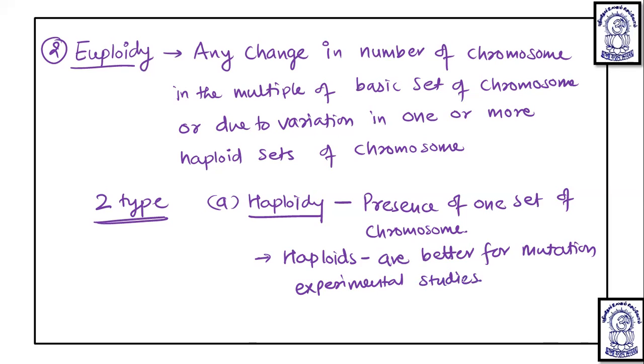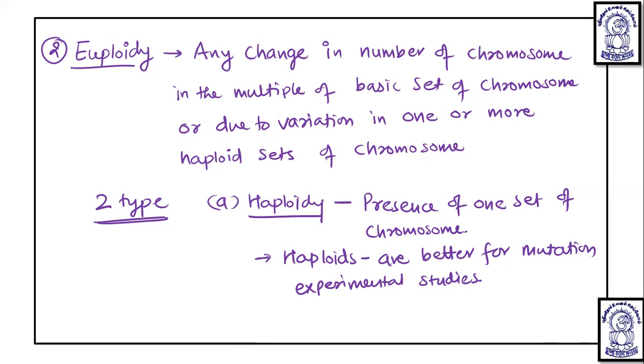Because all mutations which occur in the haploid, either dominant or recessive, are going to express immediately. There is no case of dominance or recessiveness, because the other allele of any gene is not present on a homologous chromosome, because in haploids only one chromosome is present out of each pair.